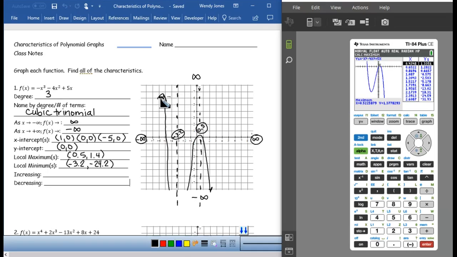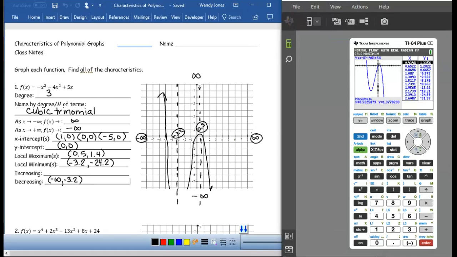So we said that if we start on the left, we are decreasing in this first interval, and this interval exists between negative infinity and negative 3.2. Make sure that you write this on the correct line. This second interval is an interval of increase.